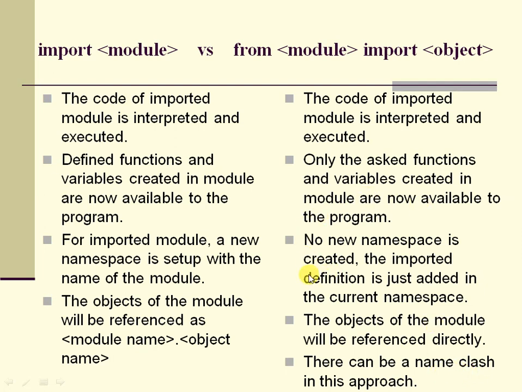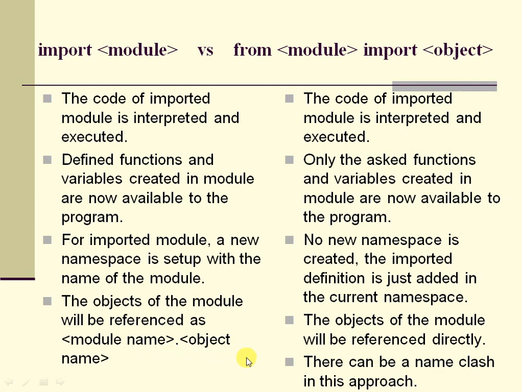Okay, here the two advantages are that only some functions and variables will be imported, the entire module will not be imported, and the second thing, those imported things will be part of your namespace. No separate memory space will be created for them and they will be referenced directly. Whereas in the previous approach, a new namespace is set up and then you have to access it like module name dot object name.